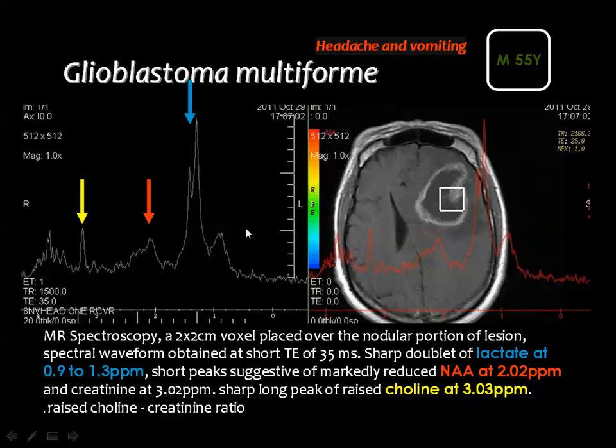And because this is viable tumor tissue, you get depression of N-acetyl aspartate, and some elevation of the choline compared to the creatine. If you look at the curve, you cannot judge that this choline is high unless you compare the choline peak with the creatine peak, what's known as the choline creatine ratio.